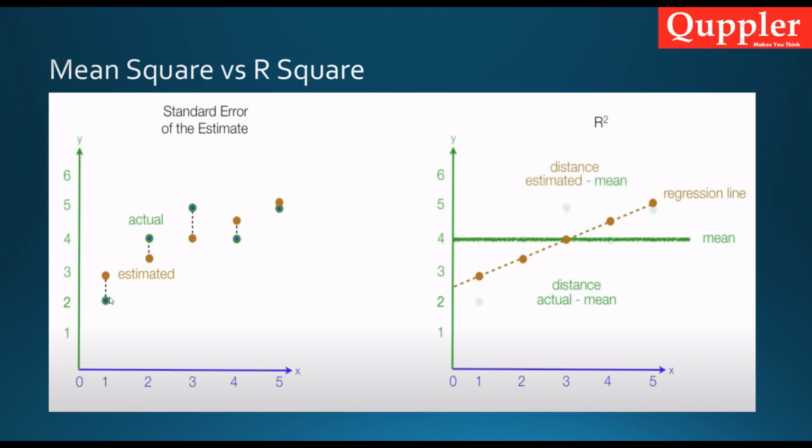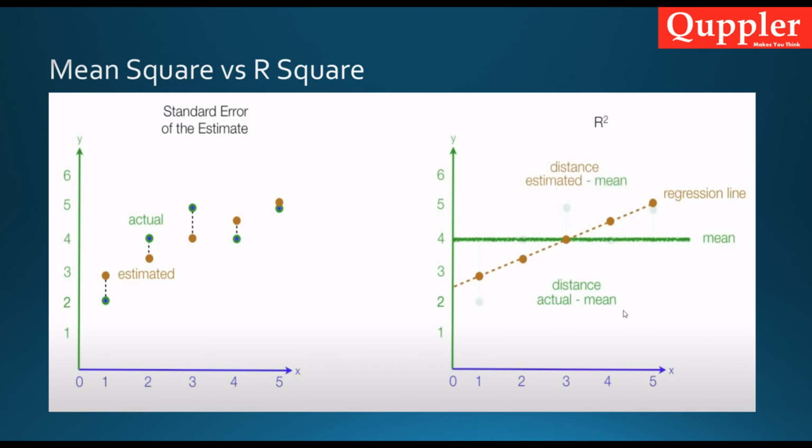But in the case of R square, we need to know the mean of the y-axis. Based on this, we find the distance between the actual value and the mean, and the distance between the predicted value and the mean. So this is my predicted mean, this is my estimated mean.